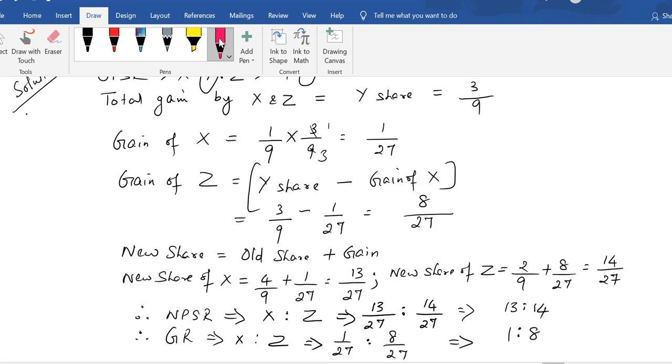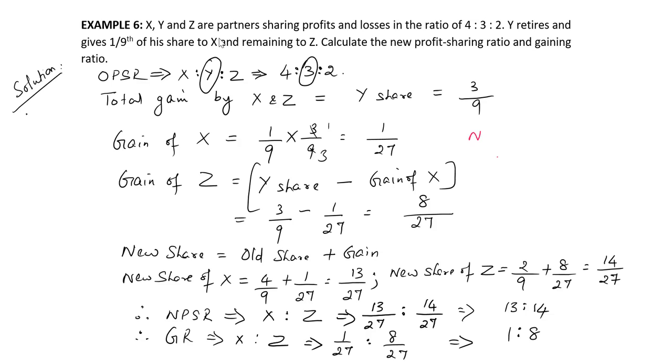So let's summarize this. New profit sharing ratio between X and Z is equal to 13:14, and the gaining ratio between X and Z is equal to 1:8.